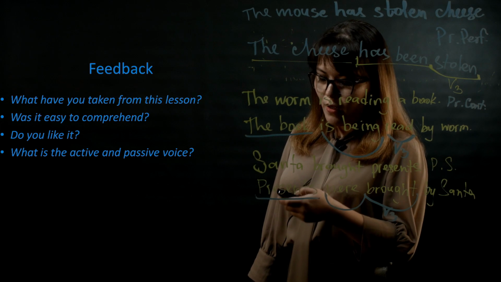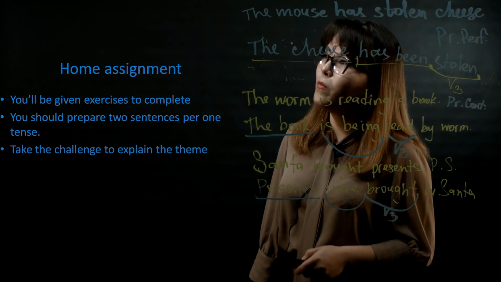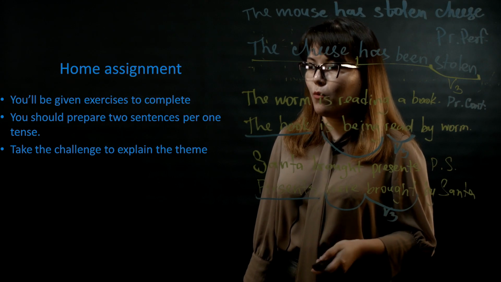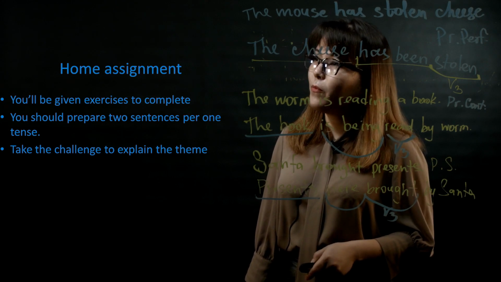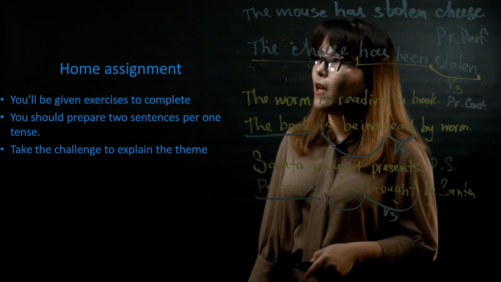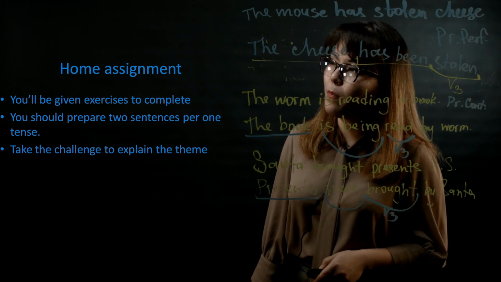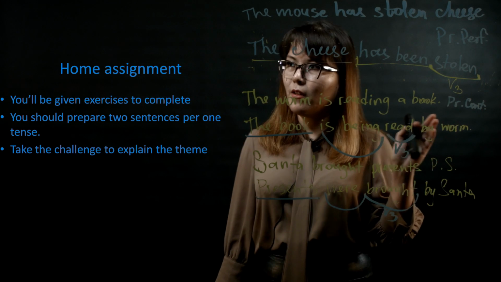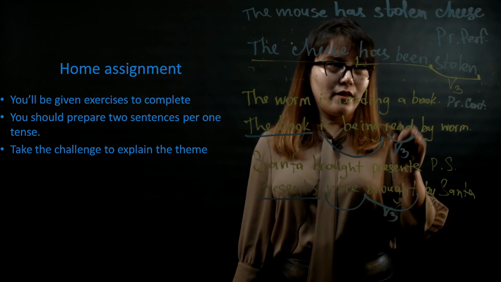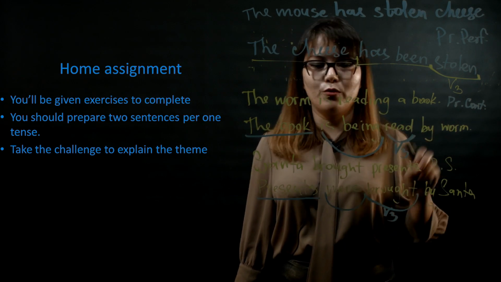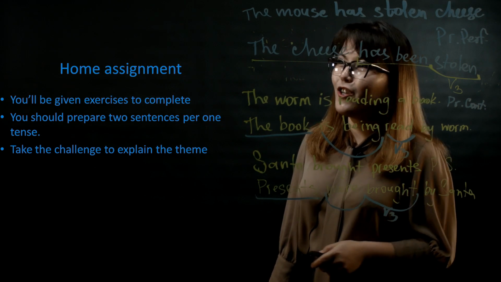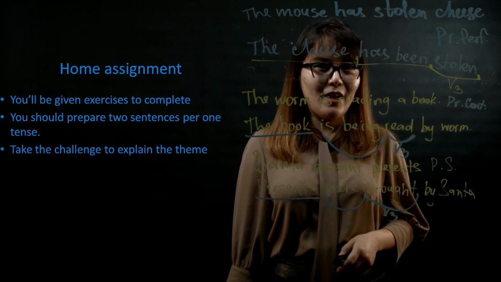Okay, good. So, your home assignment, you'll be given exercises to complete. Please check out our distance learning website, and then you should prepare 2 sentences per tense. You may do the sentences just like I have shown you here. Then you will take the challenge to explain the theme.